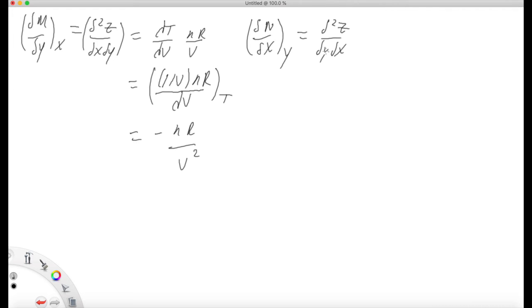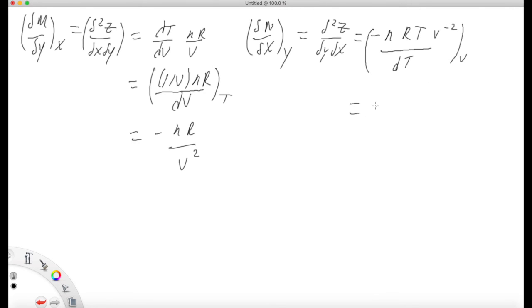Then we repeat the same procedure for the partial of N with respect to x at constant y, and we get that minus nRT over V squared, and then there's a typo in the video. It should say that we've got dV dT.